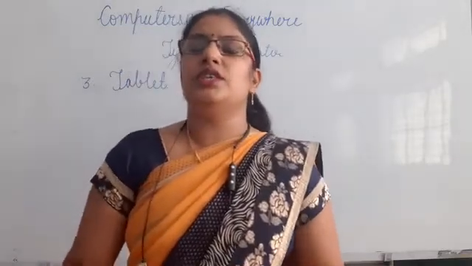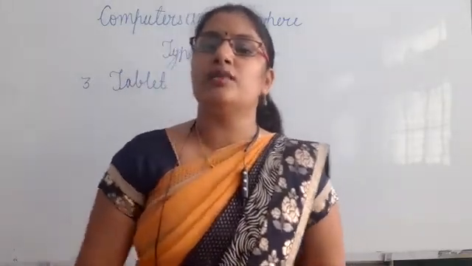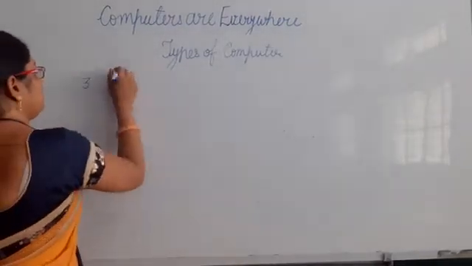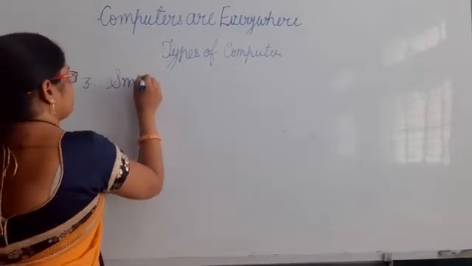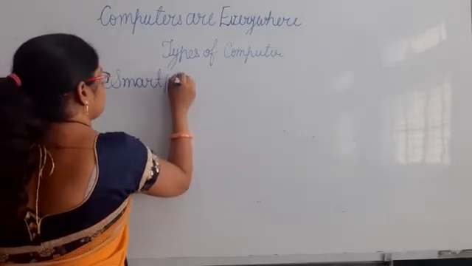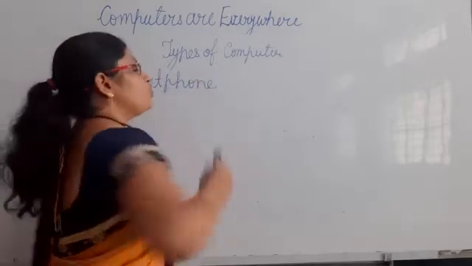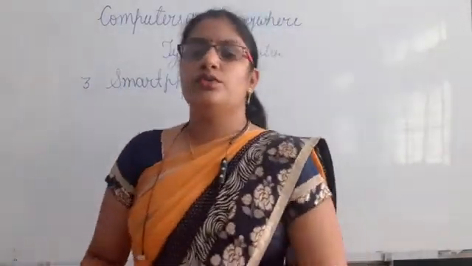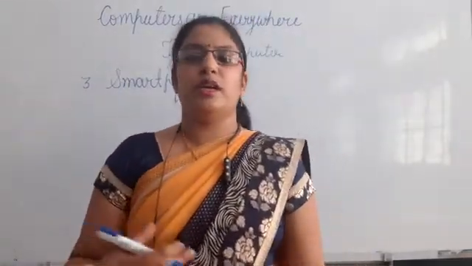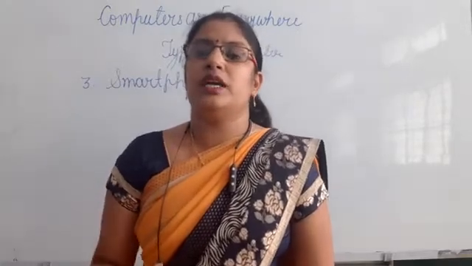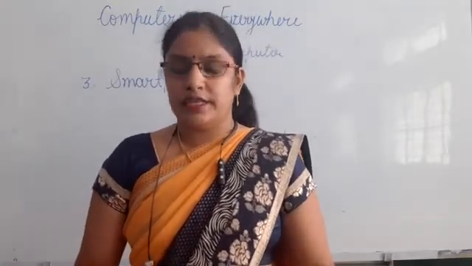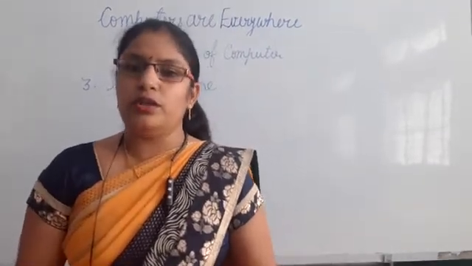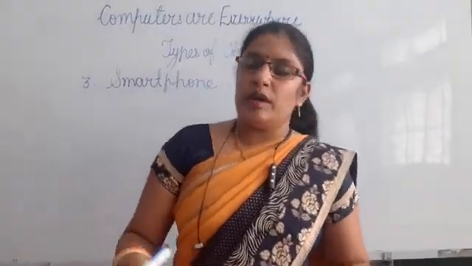Then the last type of computer is the smartphone. Smartphone is a commonly used type of computer nowadays. We can make phone calls, as well as do all the work which we can do on a desktop computer. We can make voice and video calls, and browse the internet.